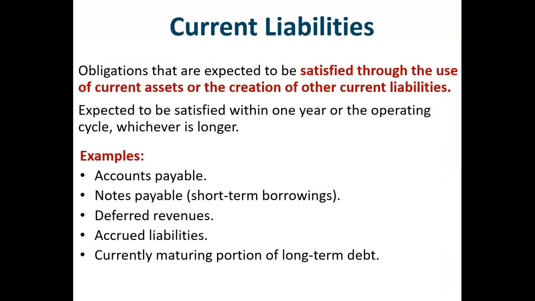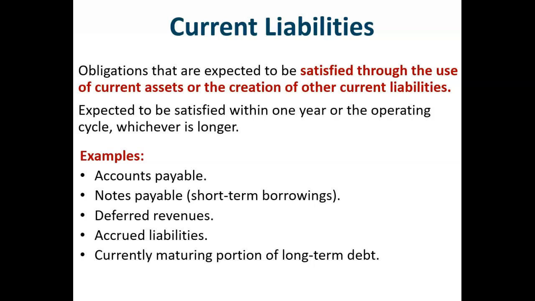Current liabilities are those obligations that are expected to be satisfied through the use of current assets, usually cash, or the creation of other current liabilities. So this classification includes all liabilities that are expected to be satisfied within 1 year from the balance sheet date or within the operating cycle if that's longer than 1 year.